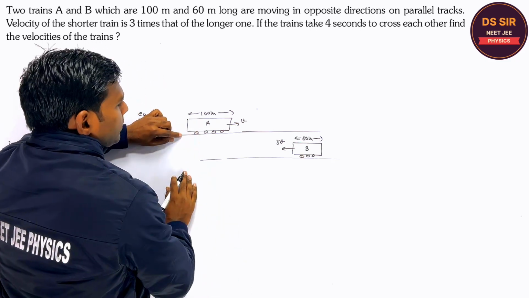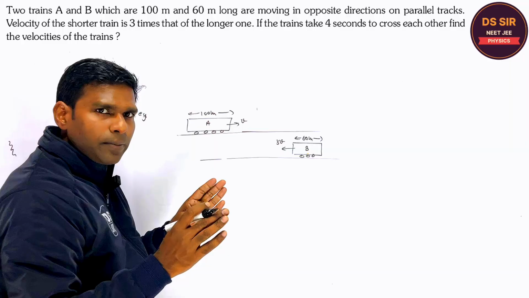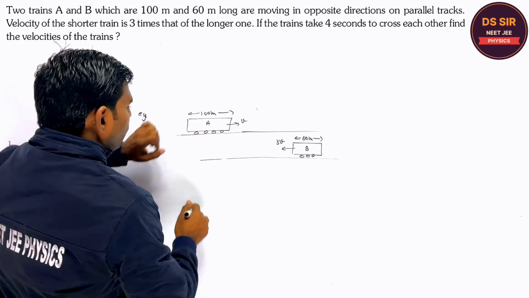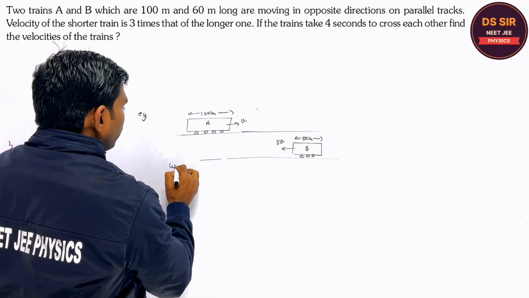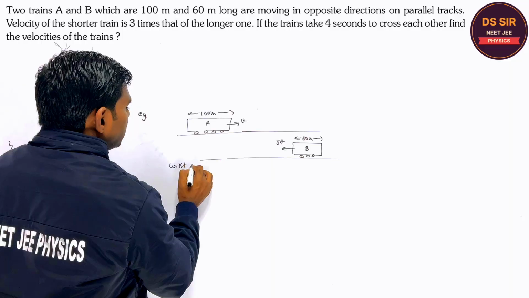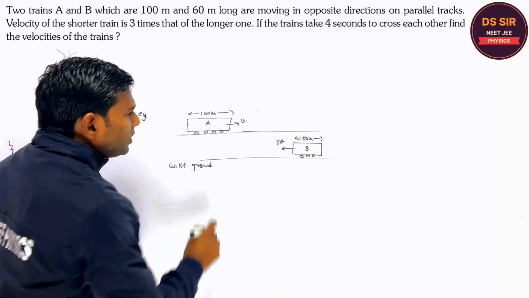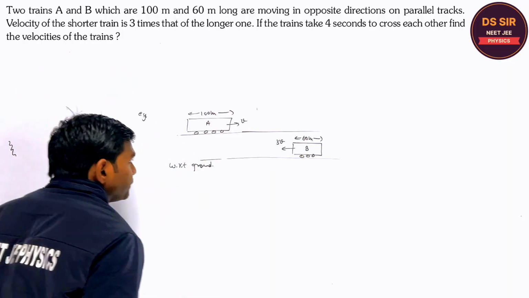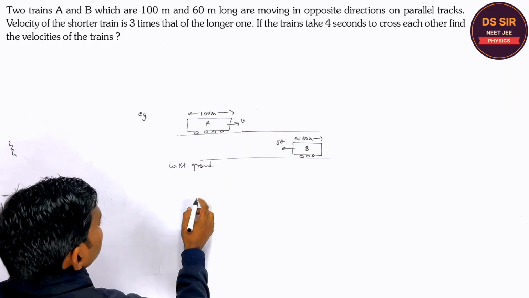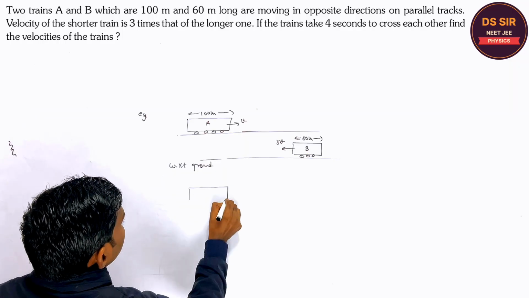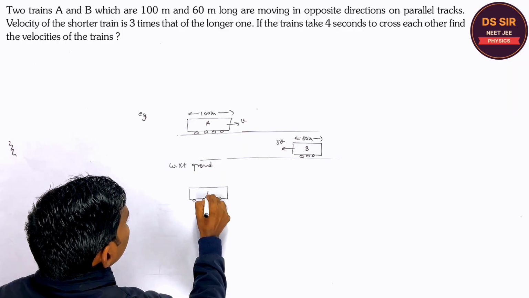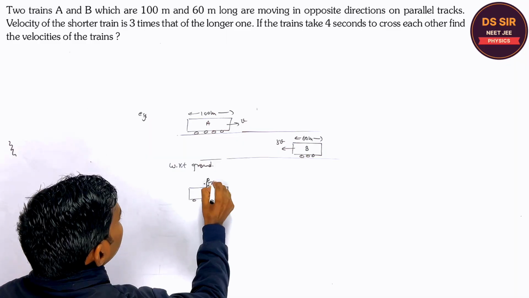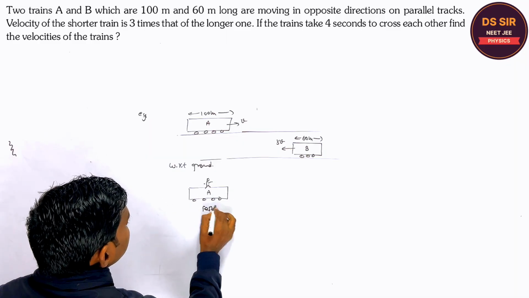You sit on A. Either you may sit on B, but now this figure is with respect to the ground. Can you make the figure with respect to A? Yes. With respect to A means you are sitting on A, and it is at rest. Is it clear or not?